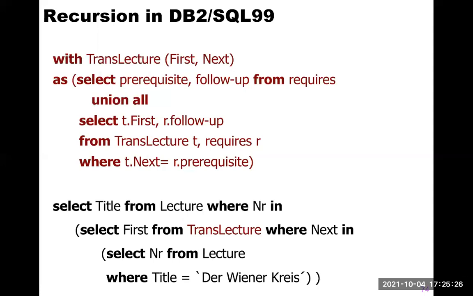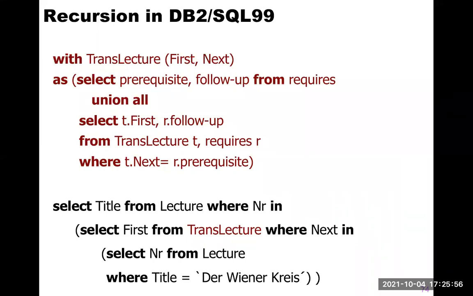So how can it be defined? We go to table requires and extract all the pairs: prerequisite, follow-up, prerequisite, follow-up. So we'll have the whole table of requires, and requires contains only immediate neighbors, immediate prerequisites and follow-ups. But we want to build a transitive closure.